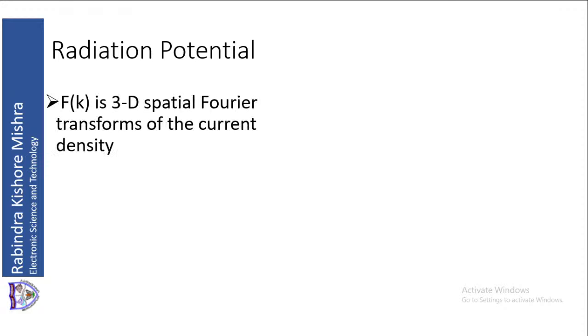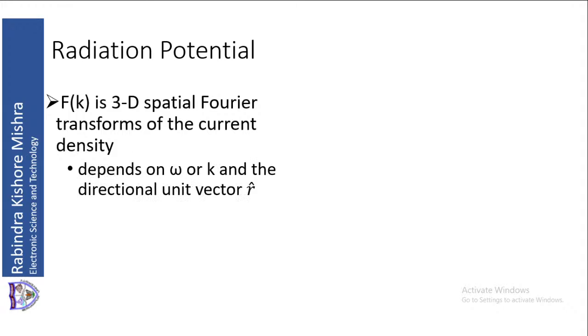Now we'll define the radiation potential. F k is a 3D spatial Fourier transform of the current density. If you remember the form, it is the integration over volume of J(r') exponential minus j k dot r' dV.